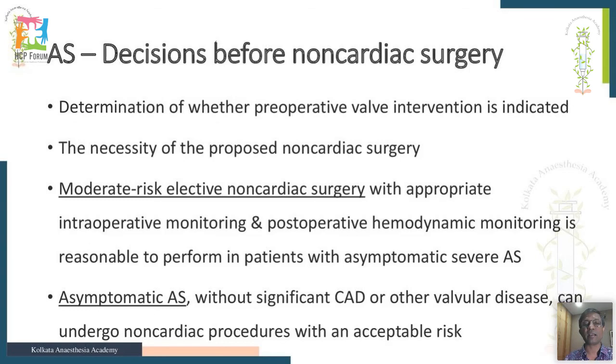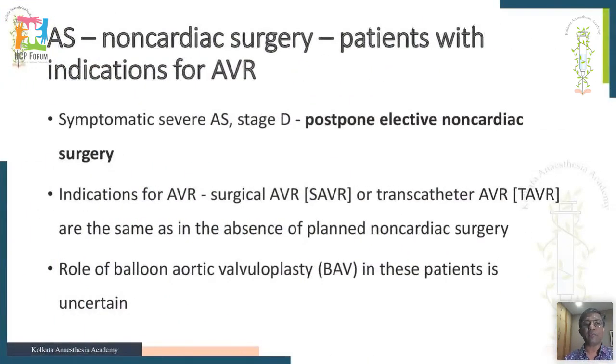If it is symptomatic, elective non-cardiac surgery should wait, and the person's valves need to be taken care of. So whether it would be a surgical AVR or a transcatheter AVR, balloon mitral valvuloplasty, not much popular, but that needs to be fixed before you take up.